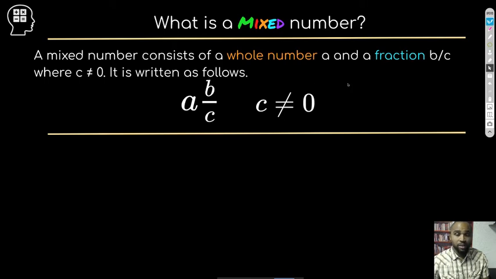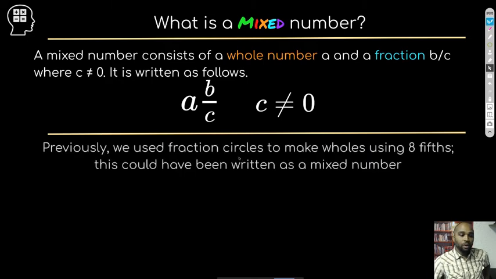Let me give you some examples in case that point still didn't draw home. Previously, we used fraction circles to make wholes using 8/5. This could have been written as a mixed number. So we could have written 8/5 as a mixed number.